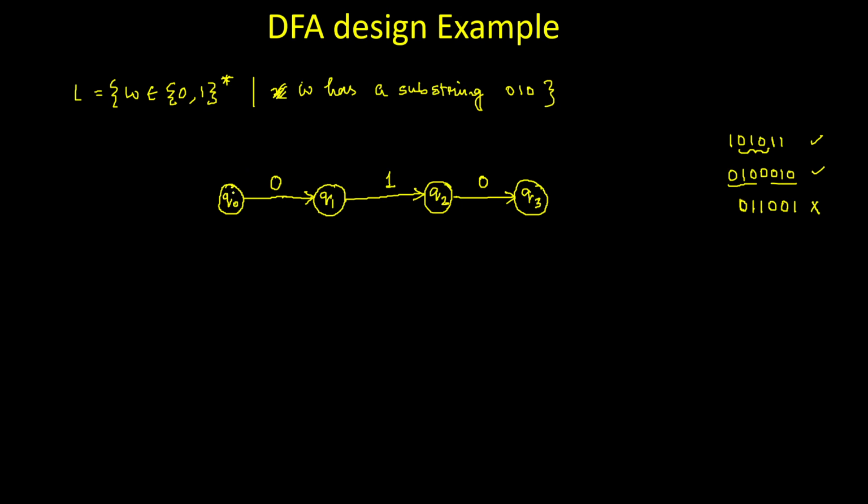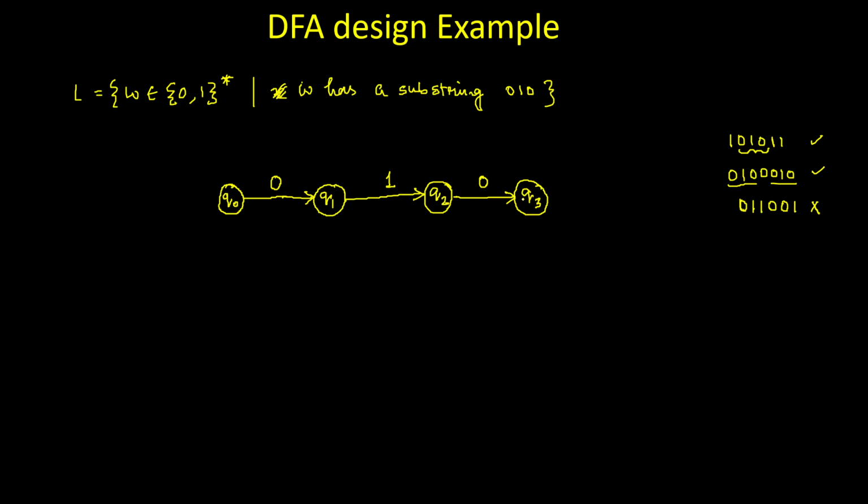I can start from here, and to reach the final state, you have to go through 0, 1 and 0. And somehow, if you have this, then it's over.